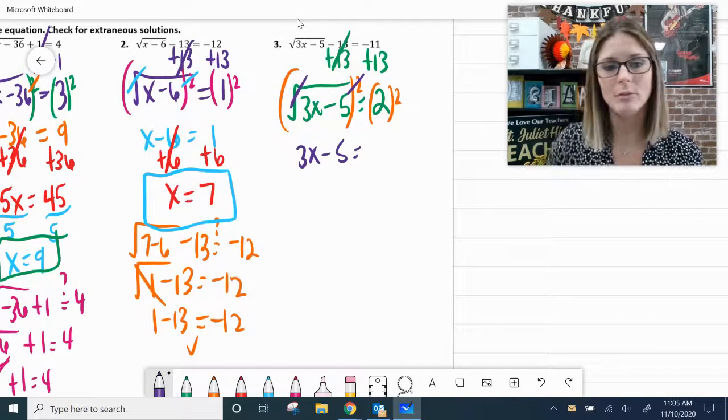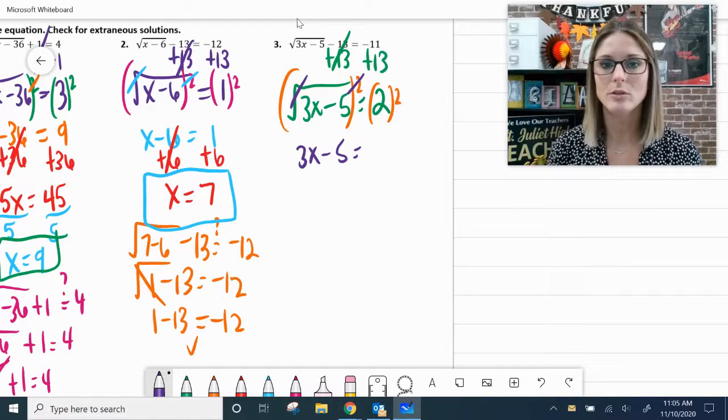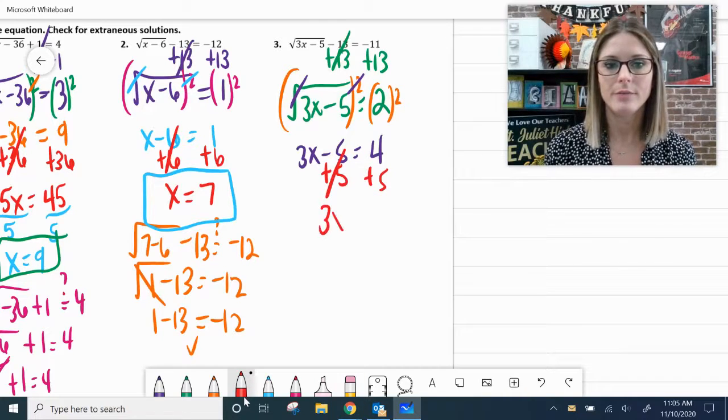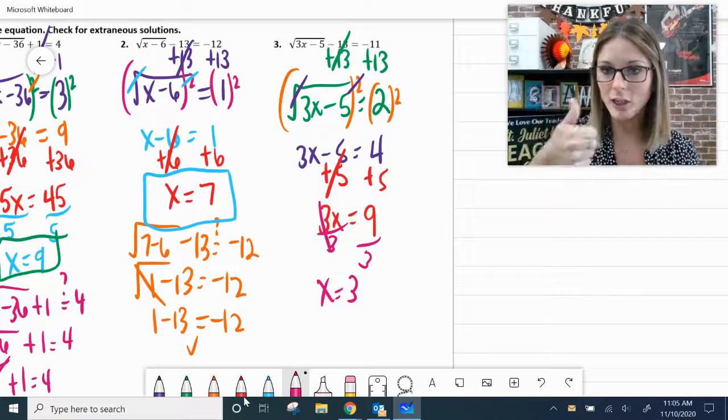We'll get rid of the radical, and we'll have 3x minus 5 equals 2 squared is 4. You're in a 2-step equation. Add 5 to both sides. 3x equals 9. Divide both sides by 3. X equals 3. Looks like a great answer.